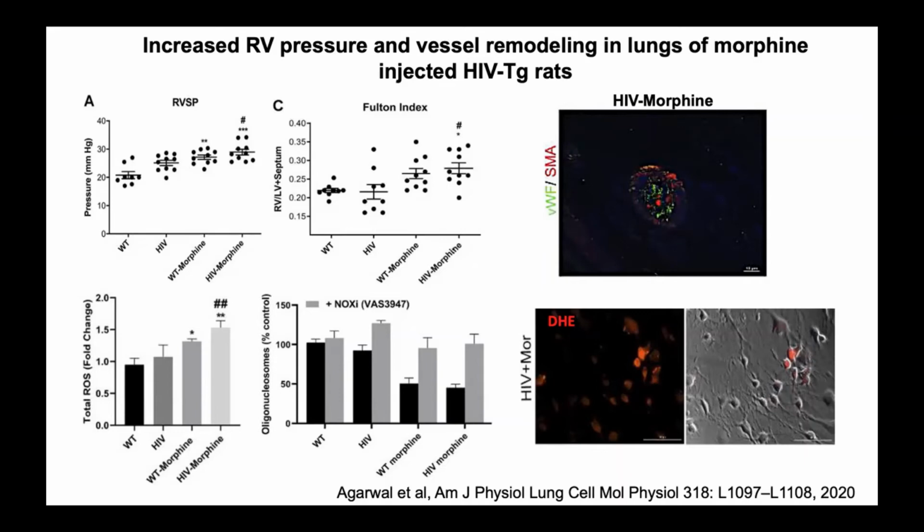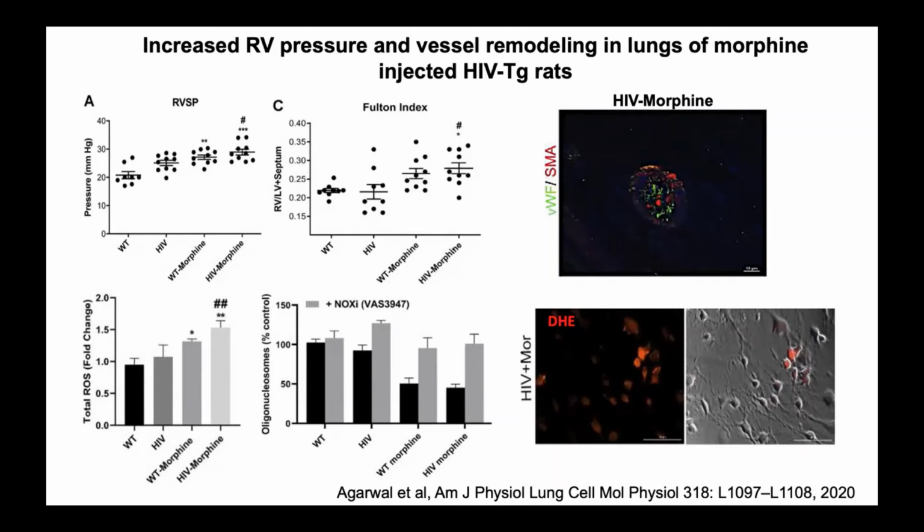Yeah, so one of the things that we wanted to study was whether, when these rats are given naloxone to reverse the morphine effects, they would be able to reverse the pulmonary hypertension. But that study was not done.